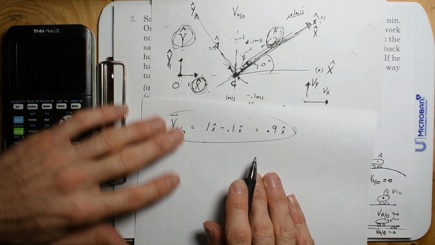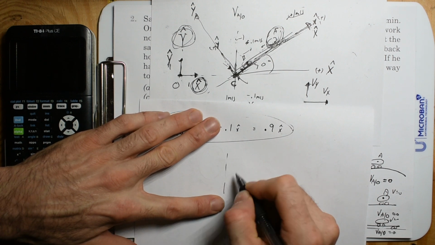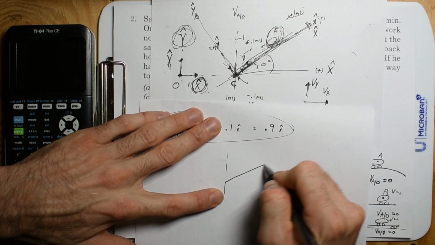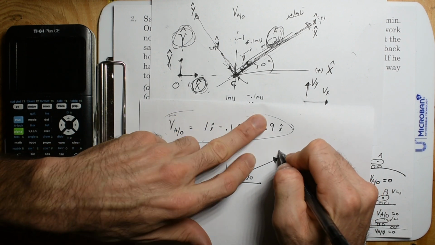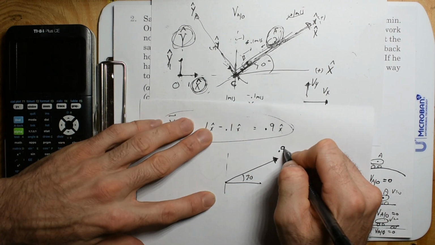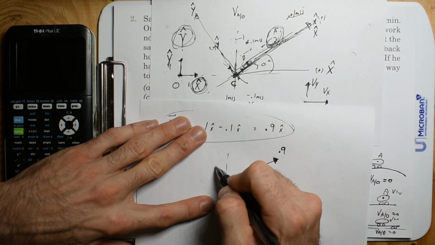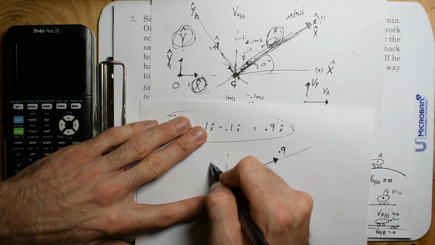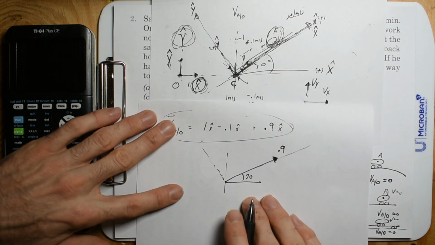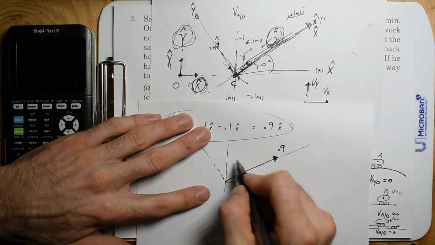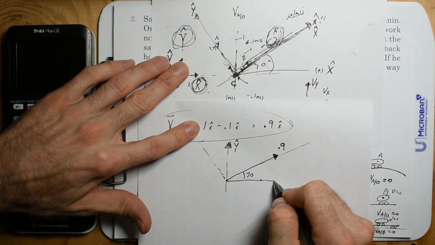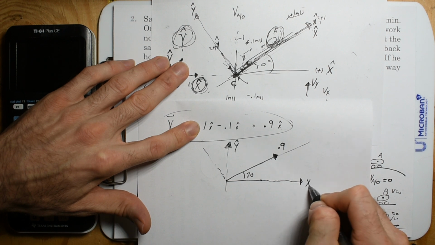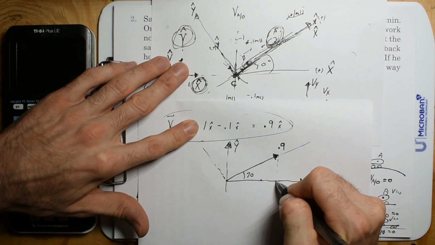Just back from statics, you're like, well, I have a vector at a 30-degree angle, and it has a quantity 0.9. Cool. But I chose this direction to be my vector. It doesn't really matter. What I want is its components in this capital Y hat and capital X hat, which is just right there.